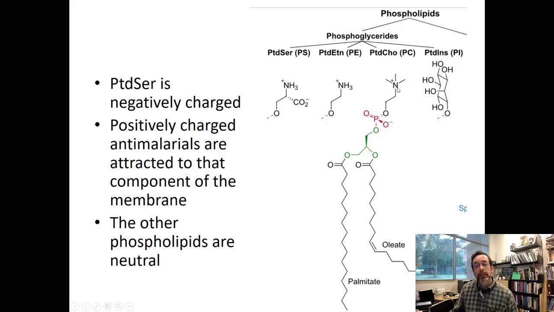Phosphatidylcholine, the choline group, has a single positive charge on it that offsets the negative charge of the phosphate. Phosphatidylserine also has a positive charge on it, but it has a second negative charge. So it ends up that phosphatidylserine has an overall negatively charged head group, whereas phosphatidylcholine's is overall neutral.